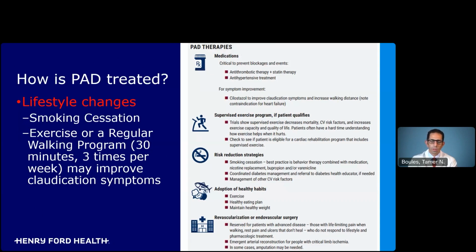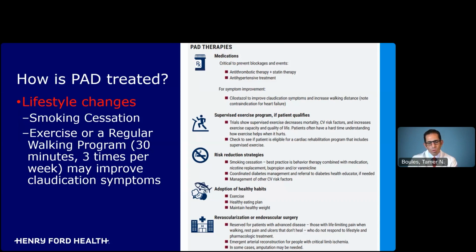Those lifestyle changes, again, most importantly, include smoking cessation, and that couldn't be emphasized enough. Smoking, especially when it's combined with other risk factors like diabetes and high blood pressure and high cholesterol, very much accelerates the development of those more limb-threatening signs of peripheral arterial disease.